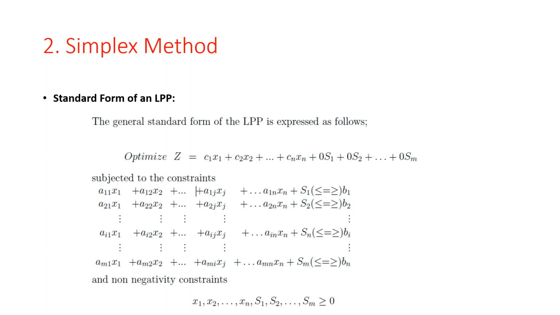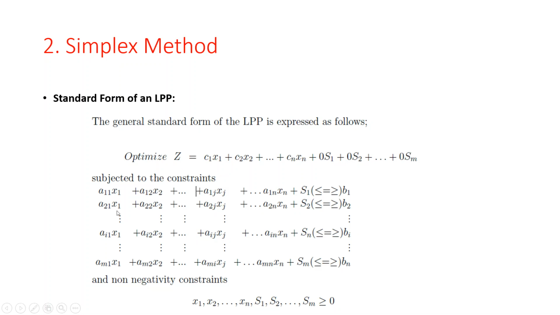The general standard form of a linear programming problem in the simplex method is as follows. This is our objective function for the simplex method, c1x1 plus c2x2 and so on. Here c1, c2 and cn are the cost values and x1, x2 and xn are the decision variables. Here we are also using S1, S2 and Sm, which are called slack variables, or we can also say surplus variables.